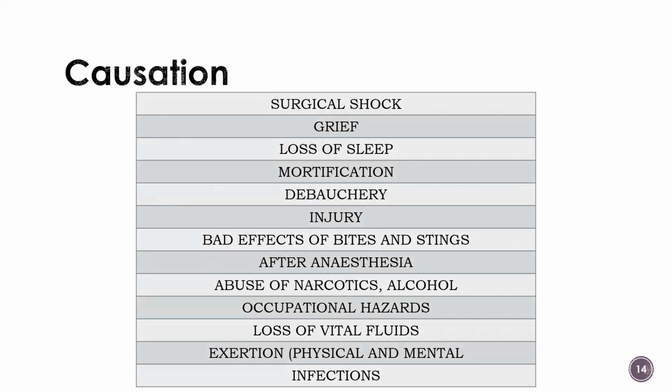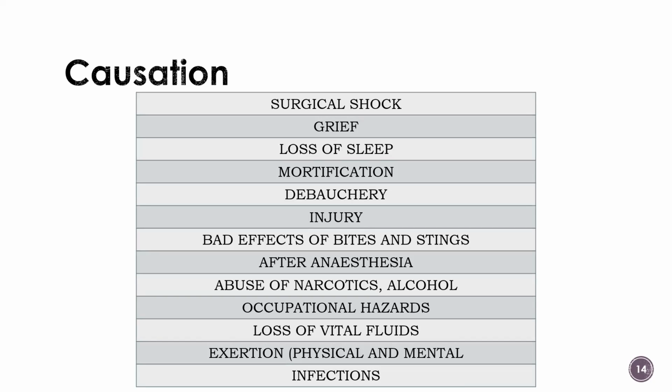So this is a general causation of acids. The particular causations we'll deal with in the subsequent slides. Surgical shock, grief mainly you see in phosphoric acid. Loss of sleep, mortification, debauchery are seen in phosphoric acid and in fluoric acid. Injury is more seen in sulfuric acid.